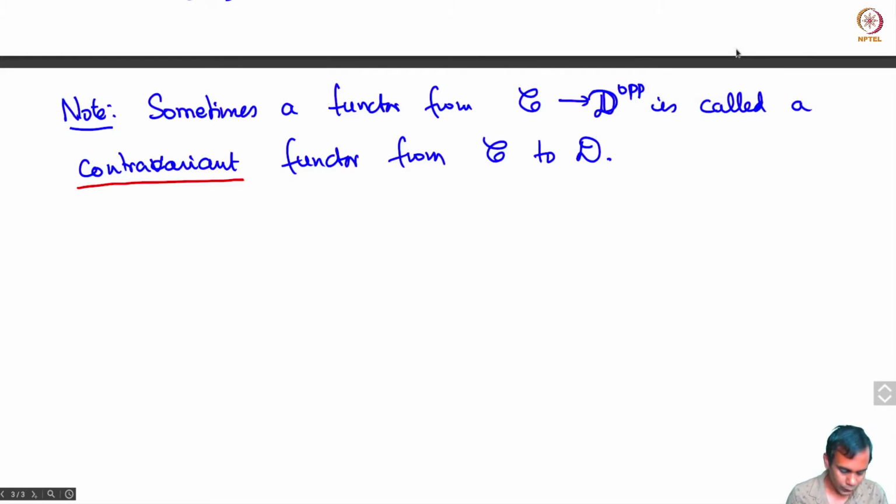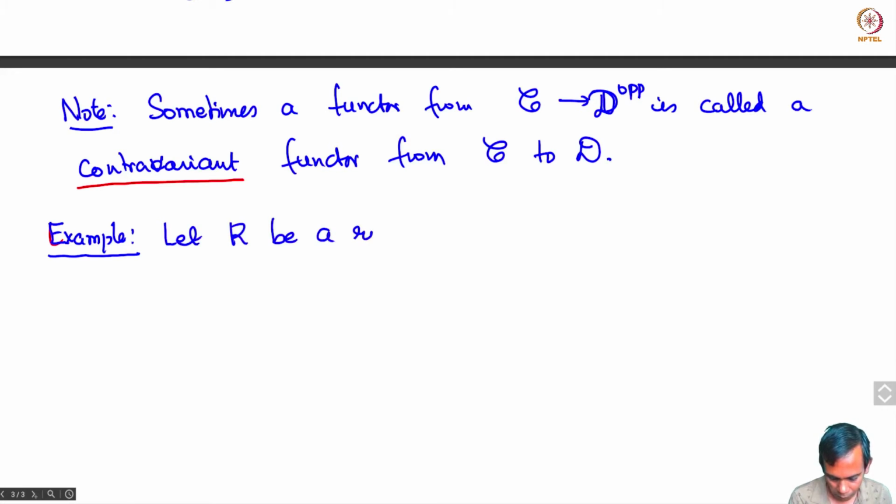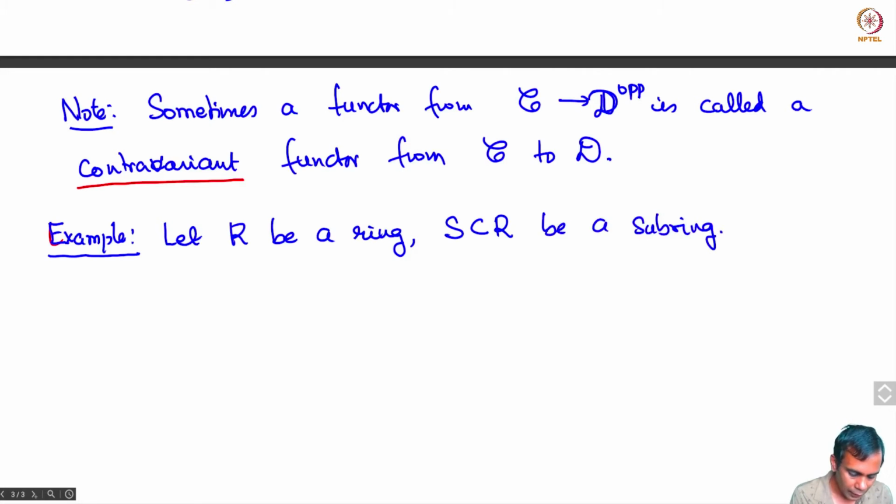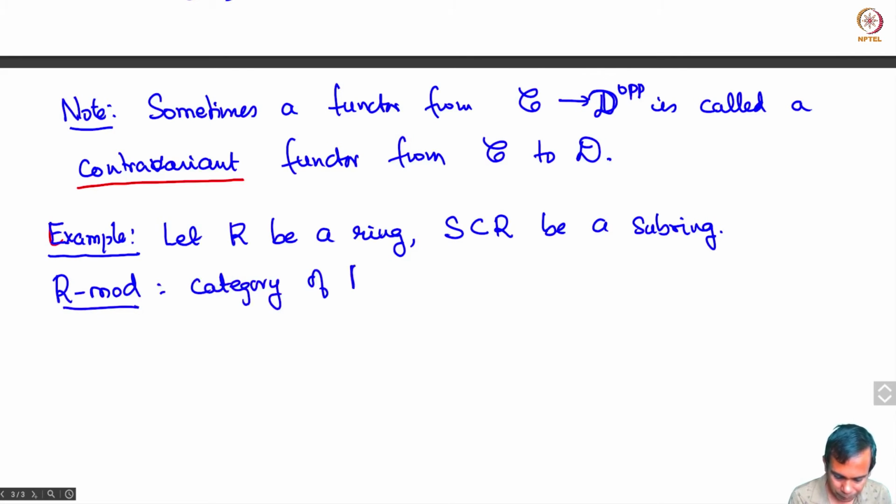Now let's look at more examples of functors. Let R be a ring and S be a subring of R. Now let R mod denote the category of R modules.